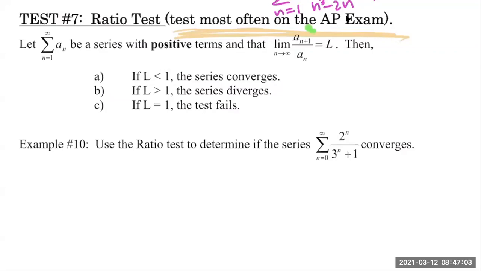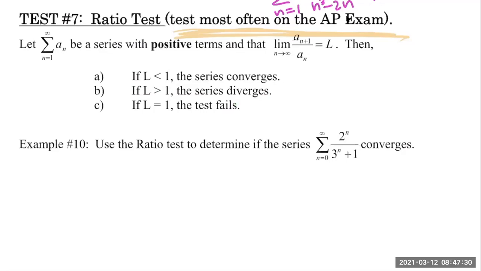So if you take the n+1 term, put it over the n term, you get a value. If that value is less than 1, similar to your common ratio, then the series converges. If it's greater than 1, think of the next term as you multiplying by a number bigger than 1, so those resulting terms are going to get bigger and bigger. Therefore, your series is going to diverge. The only tricky part about the ratio test that you will have to remember is that if it equals 1, the test fails.